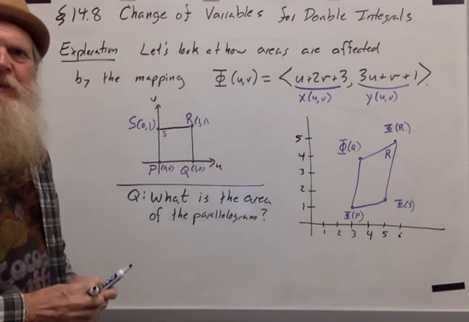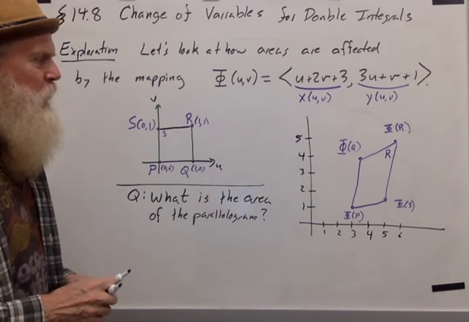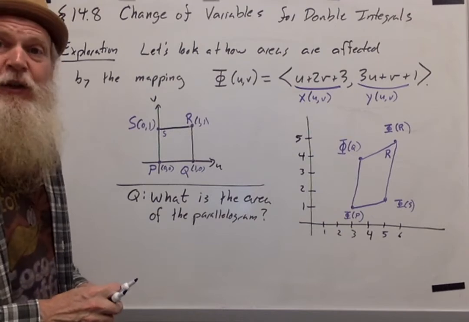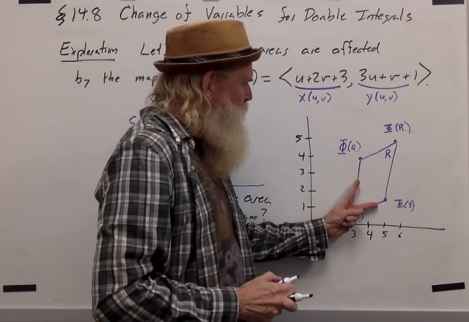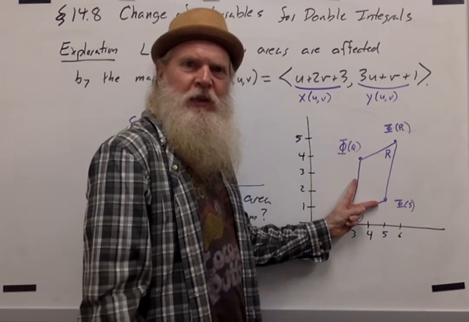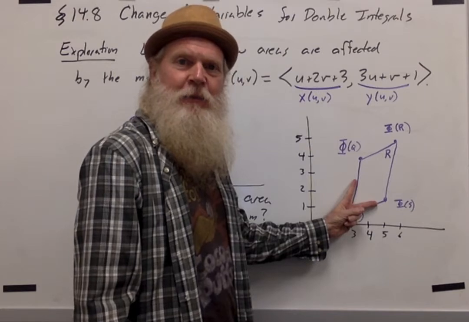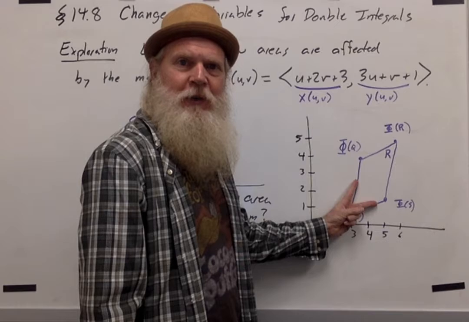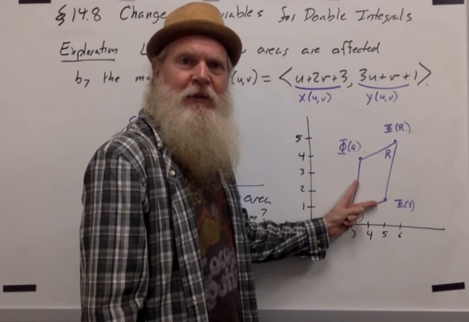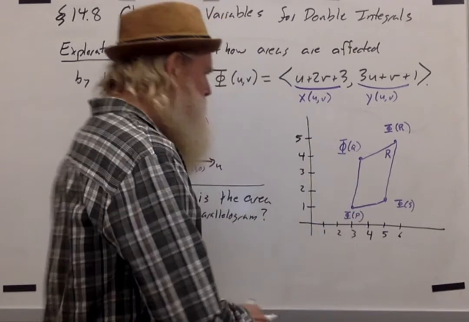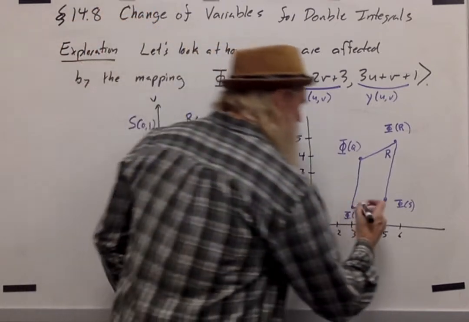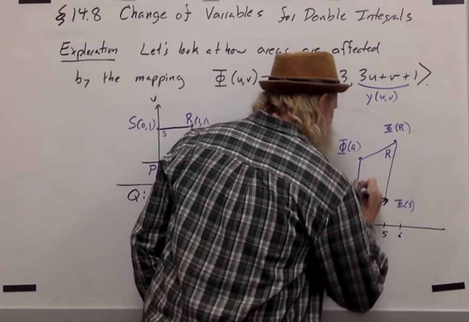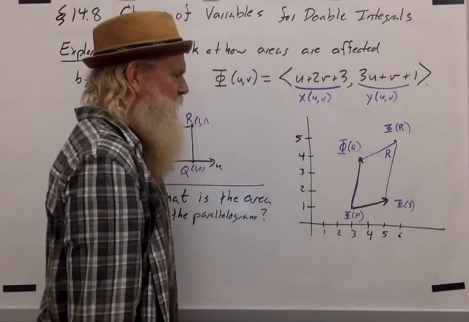Well, in the beginning of the semester, when we were studying vectors, we found out how to find the area of a parallelogram by taking a determinant. Remember, if you formed vectors for two adjacent edges of the parallelogram and took the determinant, then the absolute value of that determinant was equal to the area of the parallelogram. So let's see if we can figure out what this vector is and what that vector is.